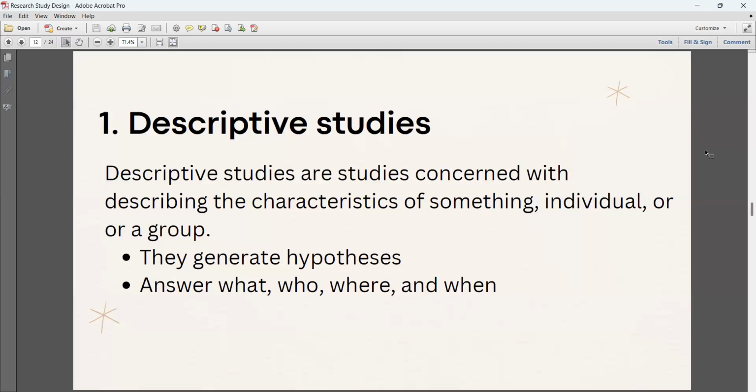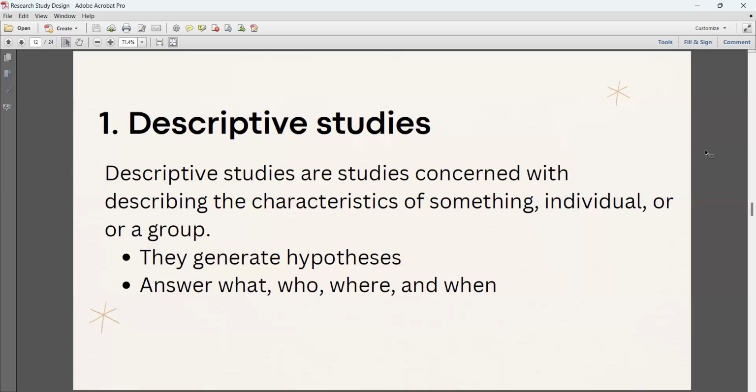So let me give you an example. If I ask the question, what are the characteristics of road traffic injuries involving pedestrians in town B? That means you are interested in identifying those characteristics.